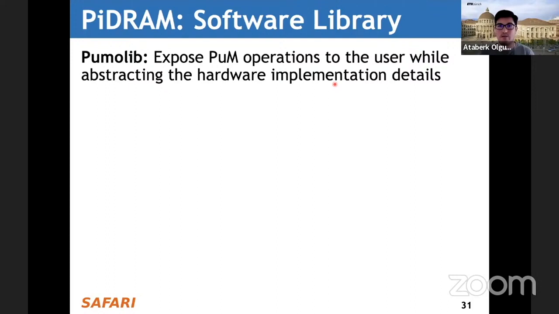In that case, this library would abstract such details from the user, and it also provides template functions for users to extend when they develop new PIM techniques on PyDRAM.